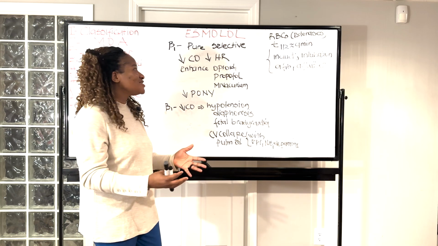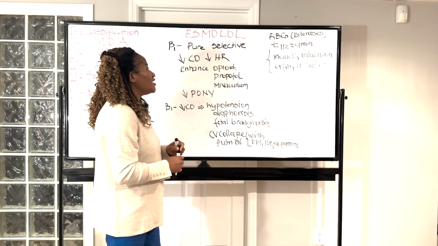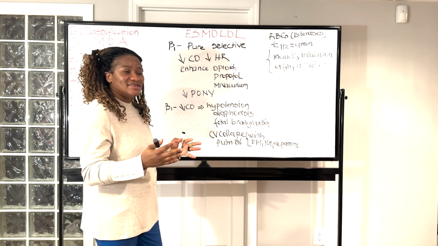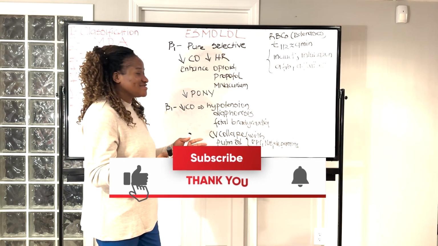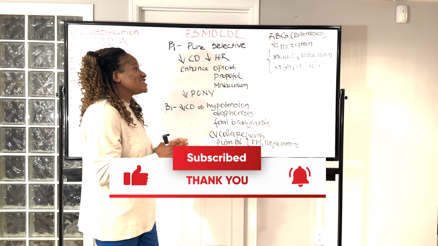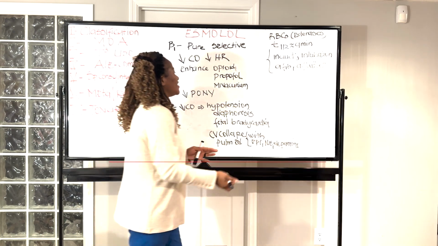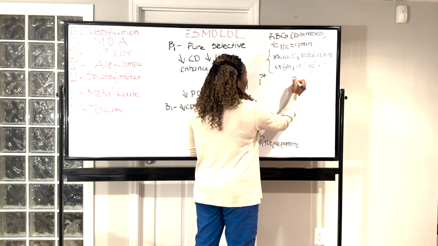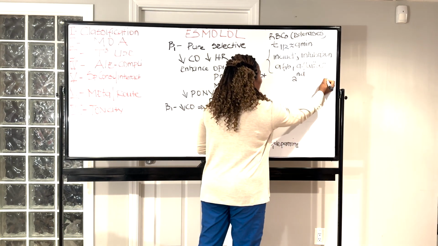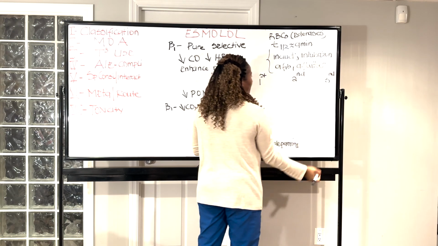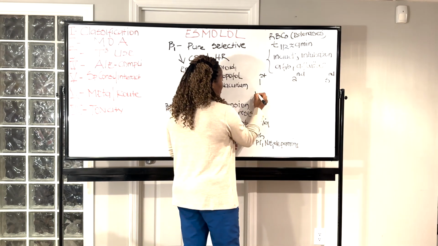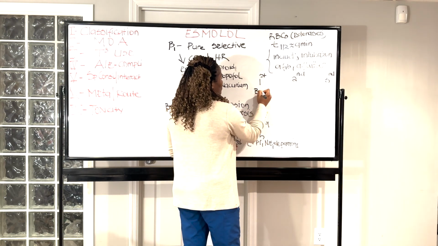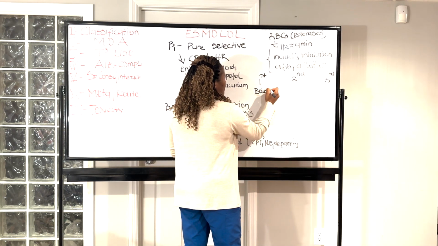It helps so much. So I'm going to tell you how Esmolol should be given in anesthesia. It's going to be given in blocks of 5 minutes: the first 5 minutes, the second 5 minutes, and the third 5 minutes. In the first minute, it's going to be a bolus dose.